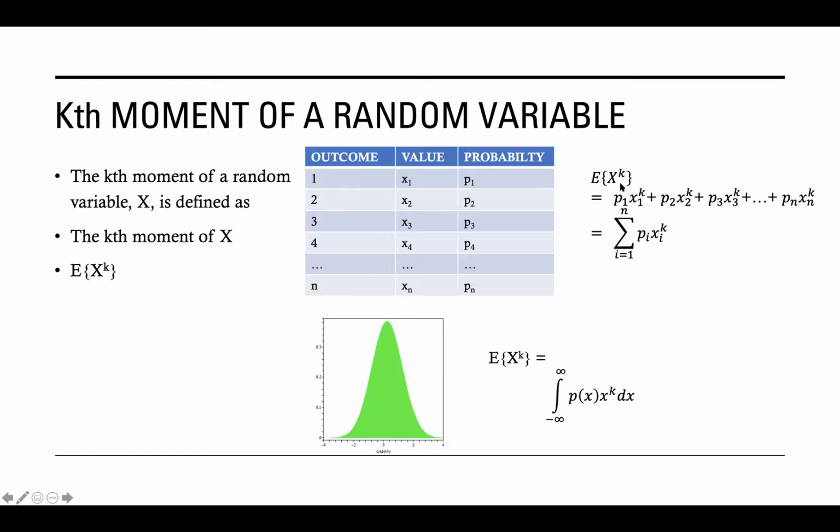So the probability of x1 times x1 raised to the k, plus the probability of x2 times x2 to the k, plus the probability of x3 times x3 to the k, summed over all possible values, which is just the sum of pi xi to the k. Or if this were a continuous random variable, it's the probability times xi to the k integrated over all possible values.